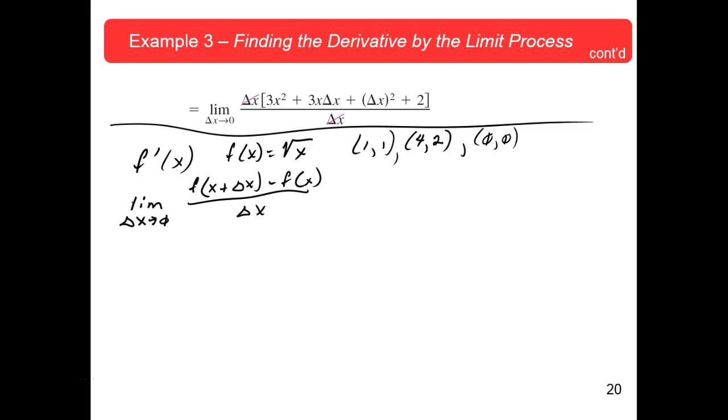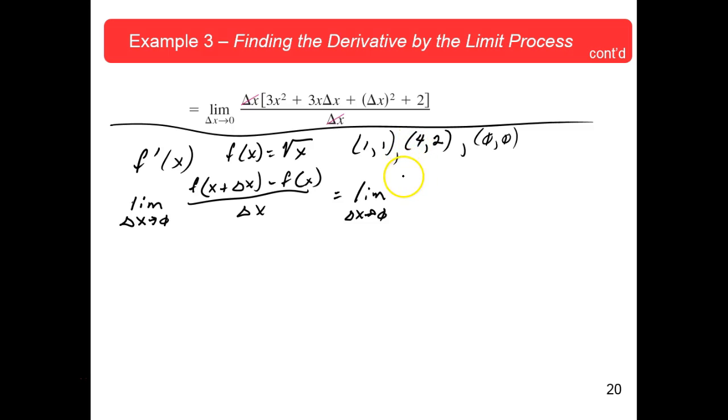We'll stay with square roots now. Later, you'll find me saying I don't like to take derivatives of radicals, and I don't. But since we're using the formula now, we'll stay with it. So what will this be? The limit, as delta x is approaching 0, of, what is f of x plus delta x?